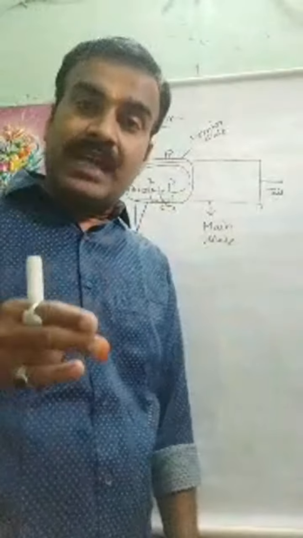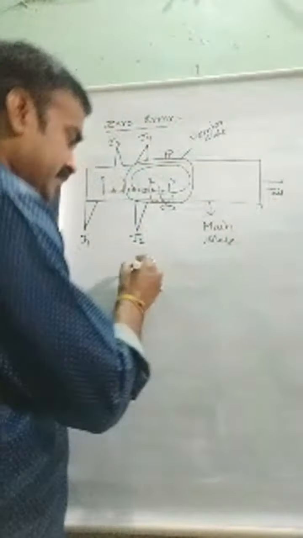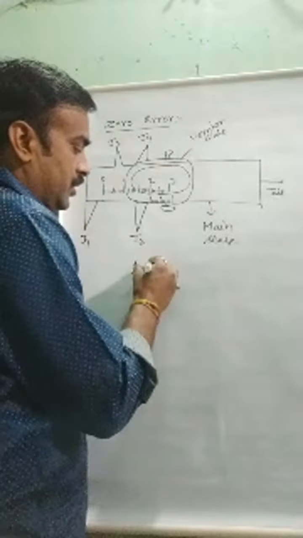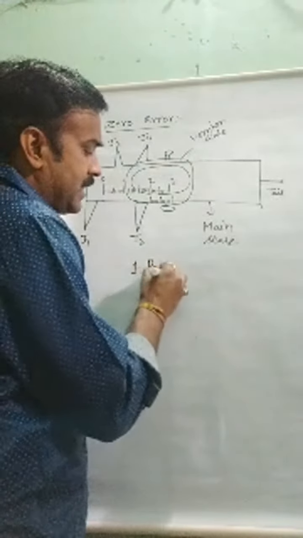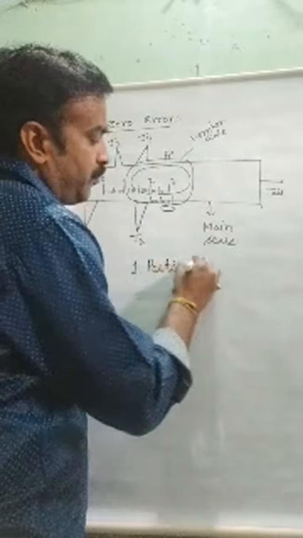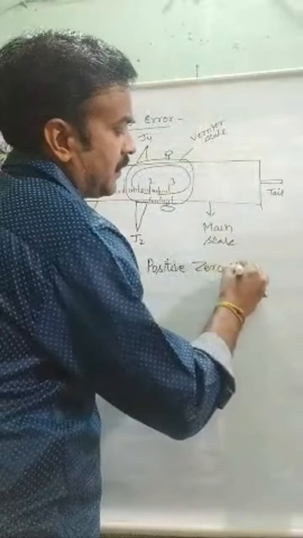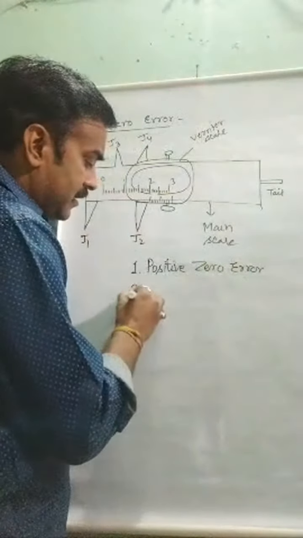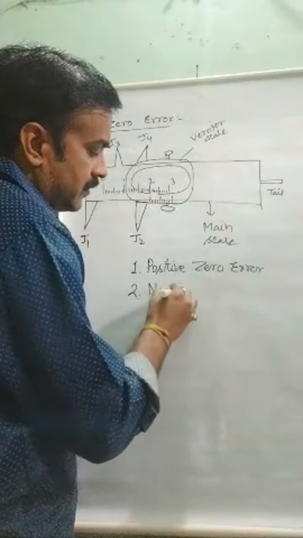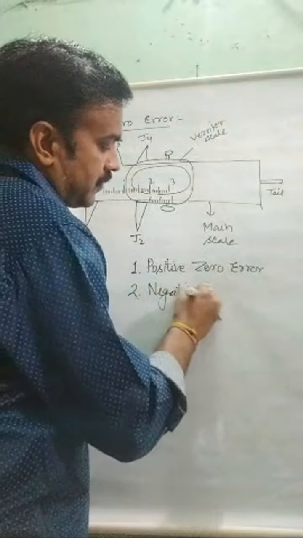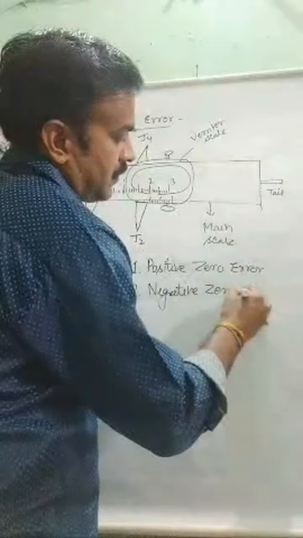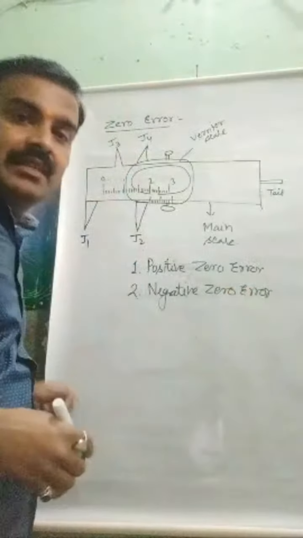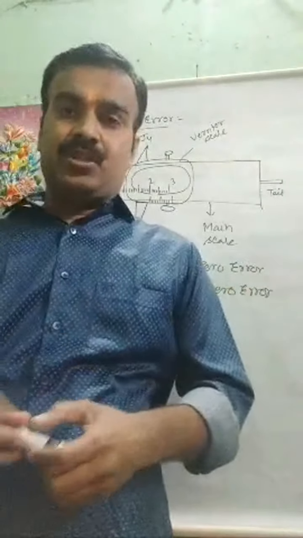And there will be two types of error: positive zero error and negative zero error.